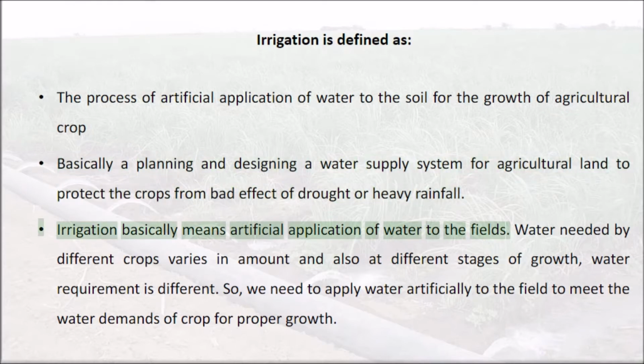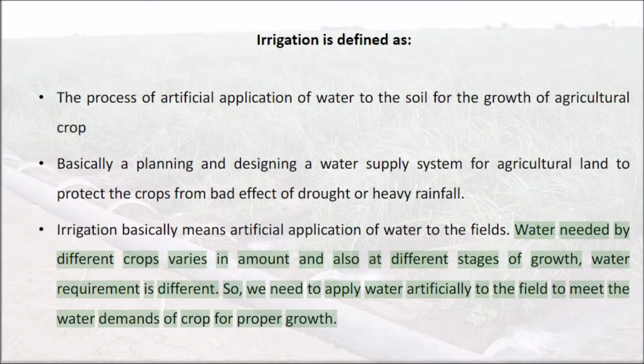Irrigation basically means artificial application of water to the fields. Water needed by different crops varies in amount, and at different stages of growth the water requirement is different. So, we need to apply water artificially to the field to meet the water demands of the crop for proper growth.